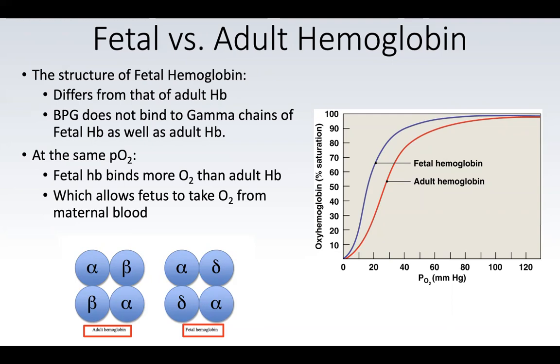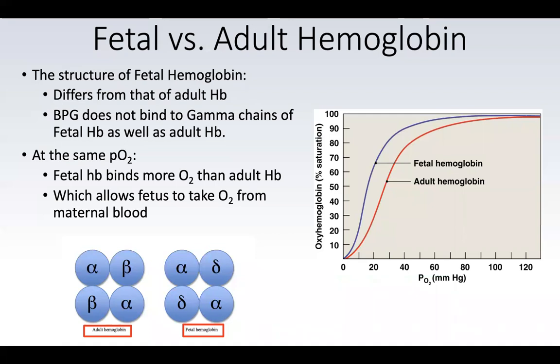Because they have different chains, we can expect fetal hemoglobin to function a little bit differently than adult hemoglobin. Before I make the next statements, let's consider the following. In a developing fetus, there is a lot of metabolic activity going on.